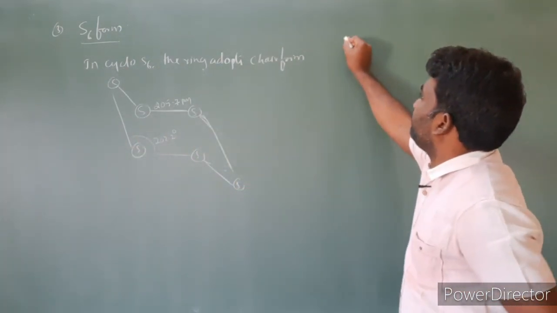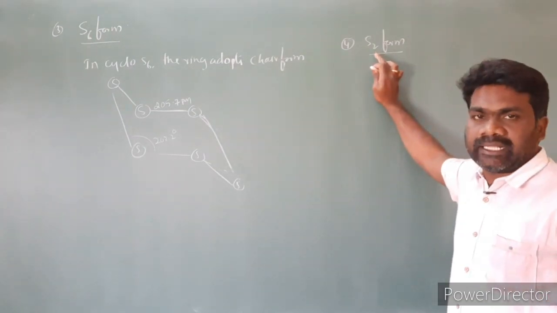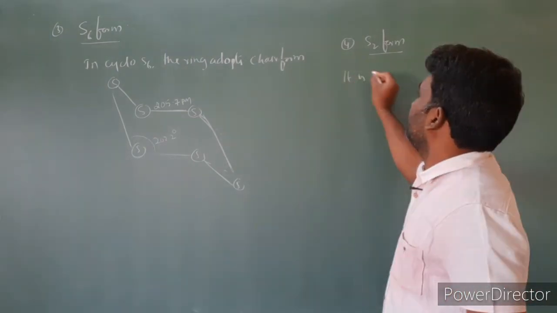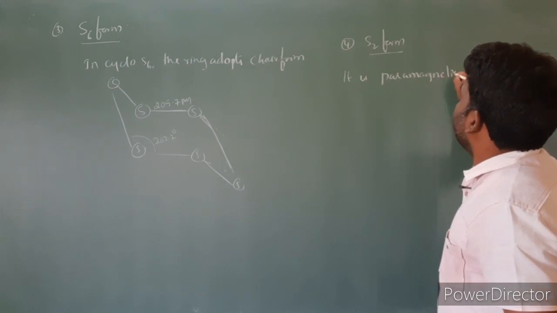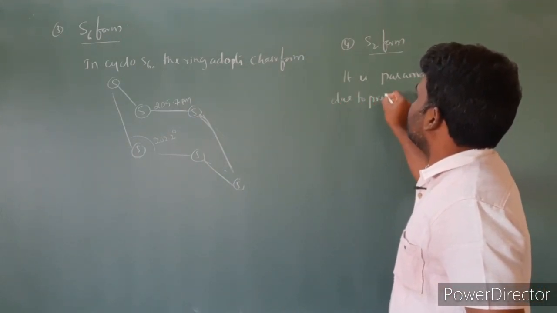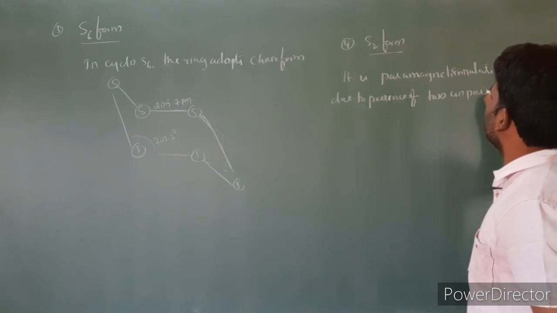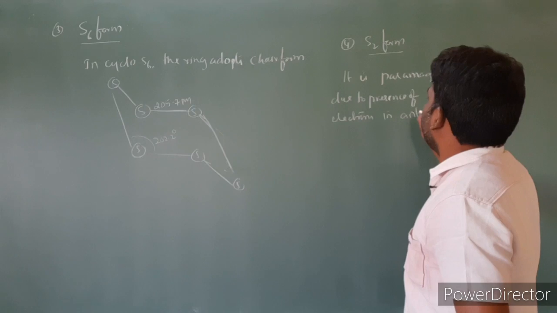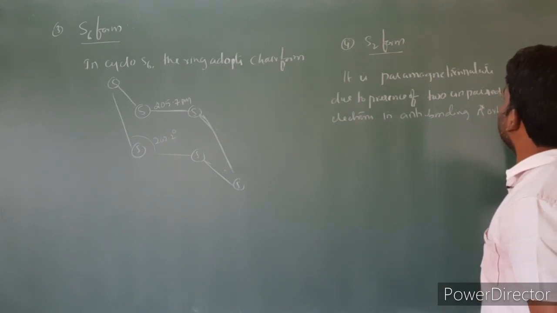The fourth one is S2 form. In S2 form, the S2 is paramagnetic in nature like O2 due to presence of two unpaired electrons in antibonding pi-star orbitals.